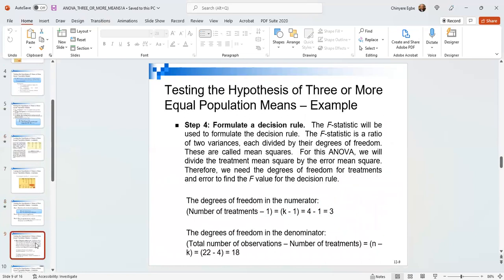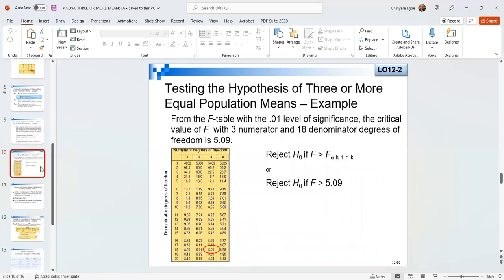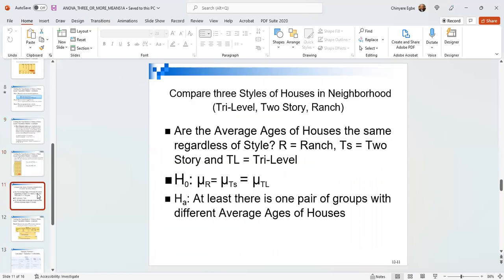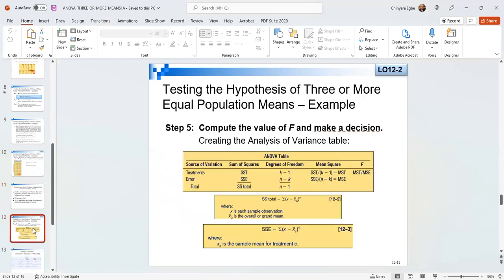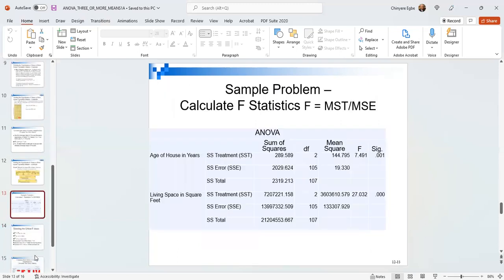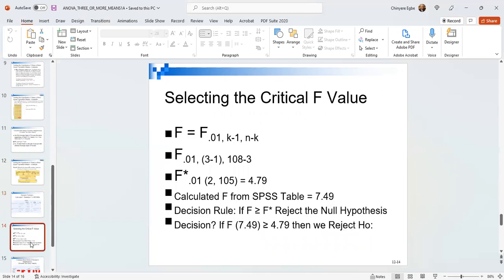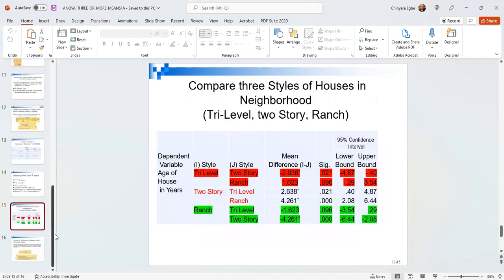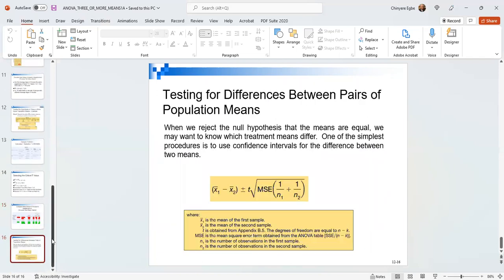When we get here, I'm going to calculate the means and ask you to go through the hypothesis testing: set up the hypothesis, read the statistic, and reach a conclusion. I want you to be able to say, I reject the null hypothesis or I do not reject the null hypothesis, and also to interpret the kinds of statistics that you obtain here.